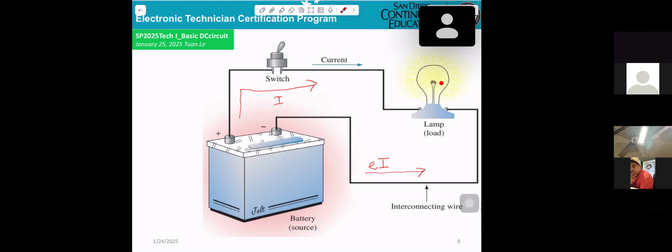That's just a resistance. Okay? When the current goes to the resistance, that means it's converting into heat. So that's why when you touch here, you feel a little hot. Okay? That is how the current flows.